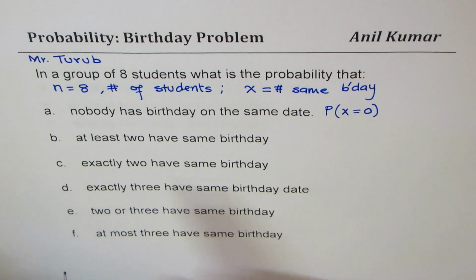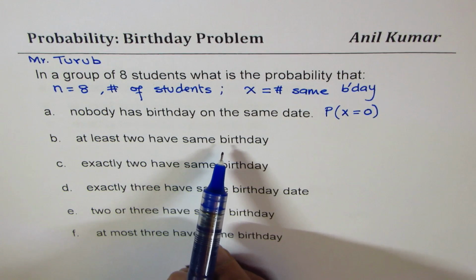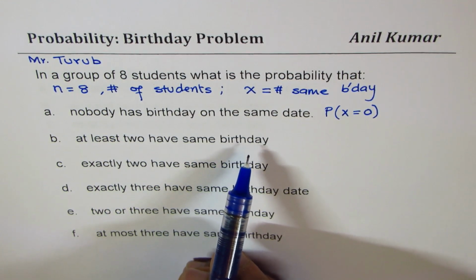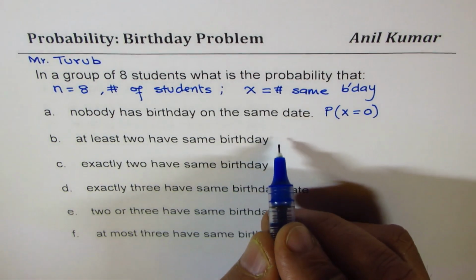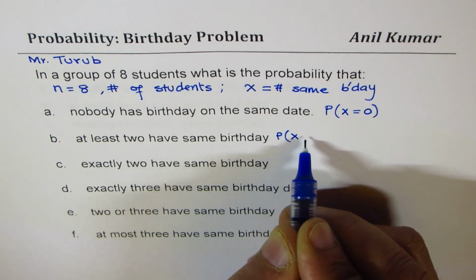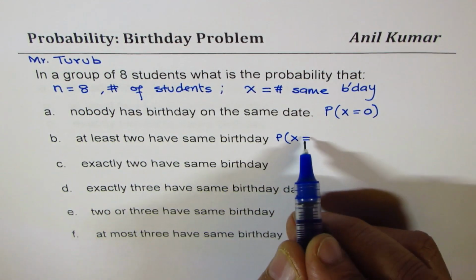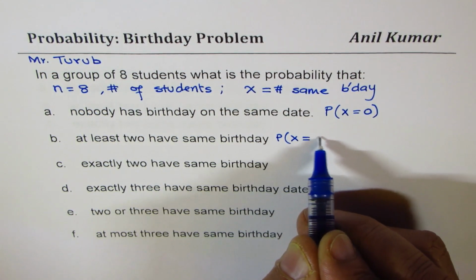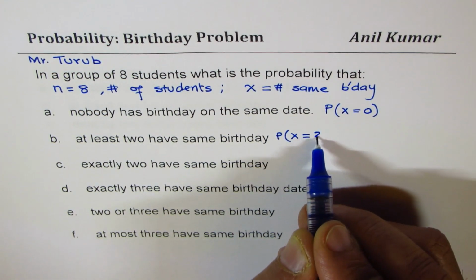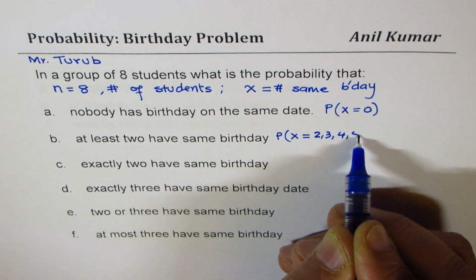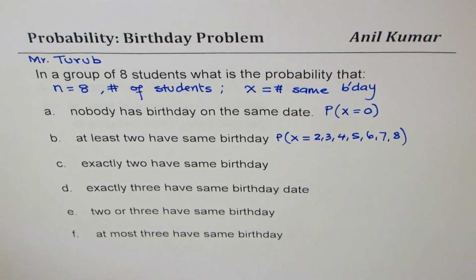The second part is at least 2 have same birthday, so the probability for x more than 1. That means all 8 could have the same date. So x could be 2, 3, 4, 5, 6, 7, all 8 people.